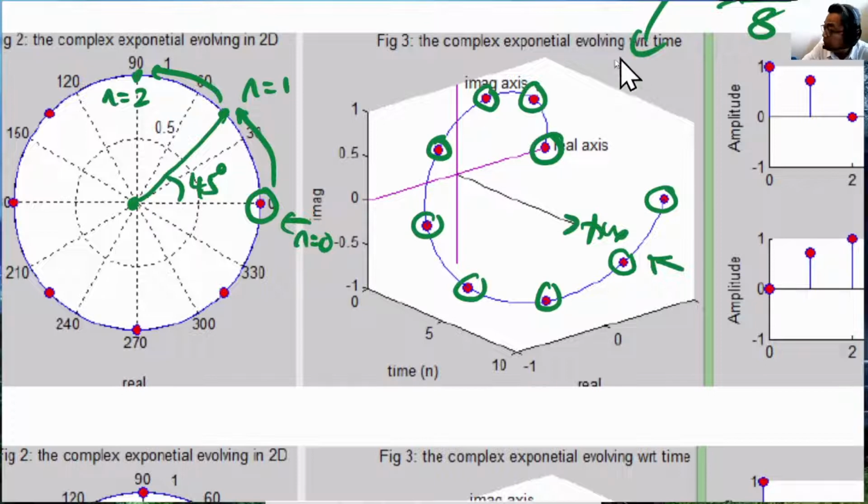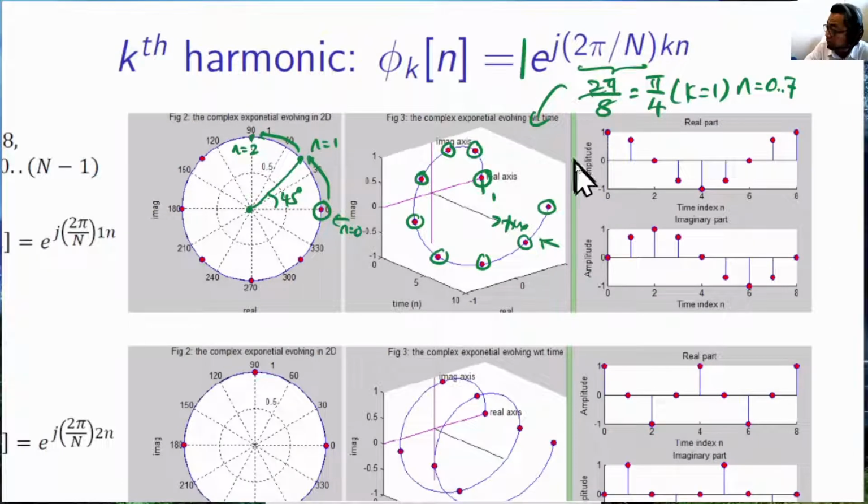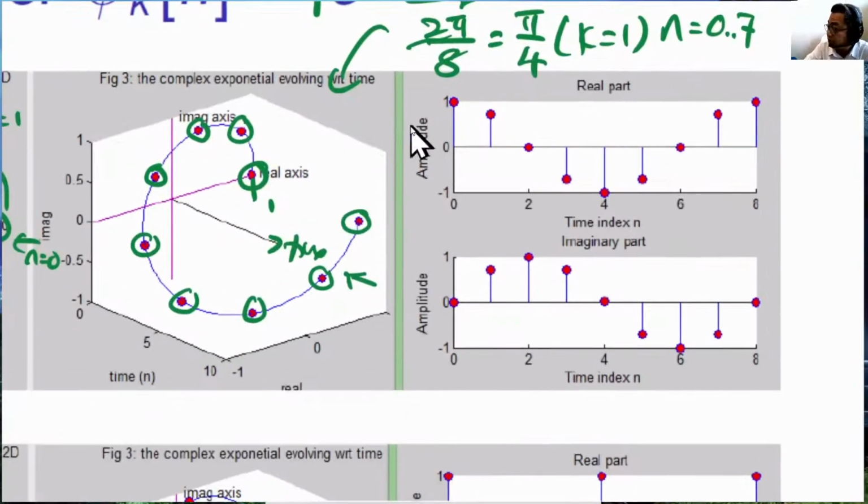And at the 8th point, it will land exactly back at this point here, where this is the origin and this is the real line value with value 1. You can also observe the problem as this figure, which is the real part versus the imaginary part, from n equals to 0 to n equals to 8. It completes one cosine for the real part in 8 samples and completes the sine for the 8th sample.